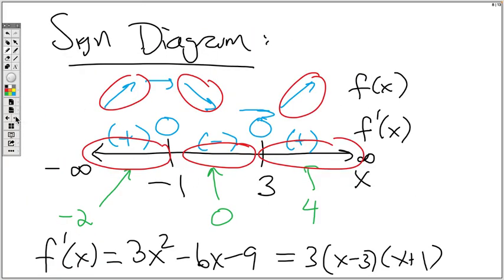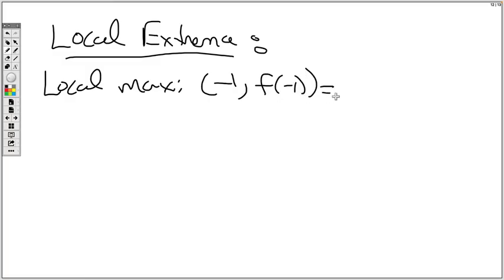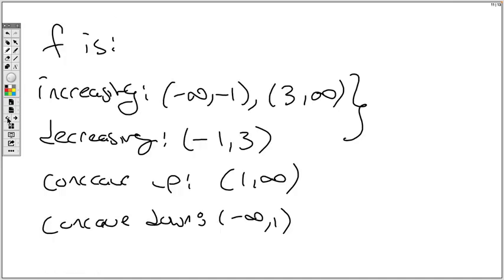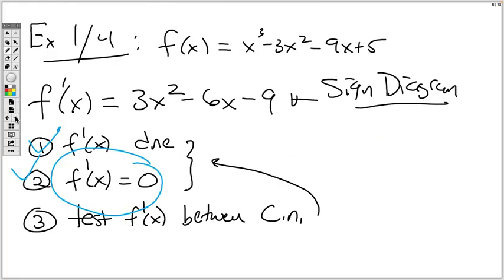We had a local max at x equals -1, so at -1 comma f of -1. We'll figure out what that is here. Get the original f of x.